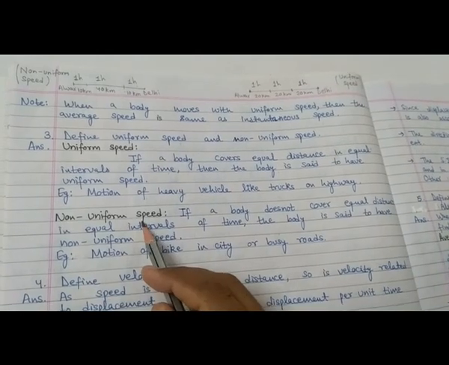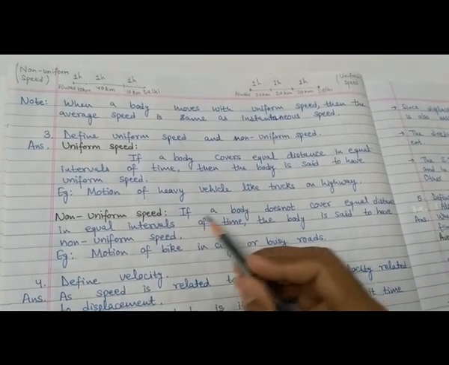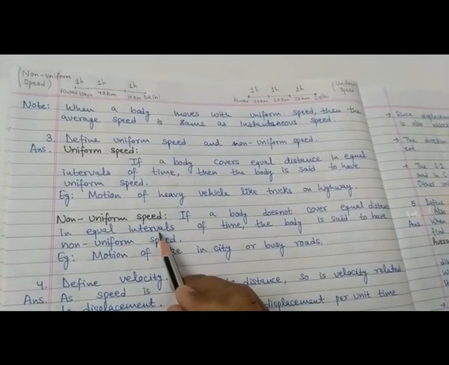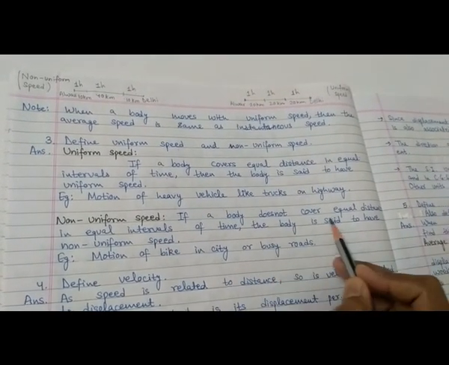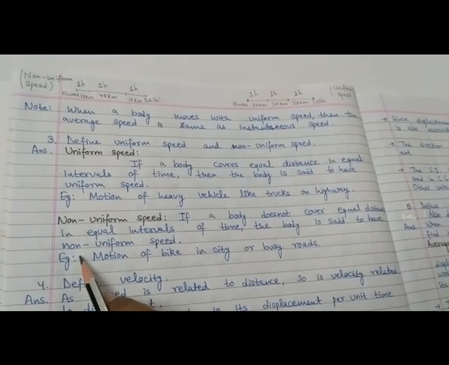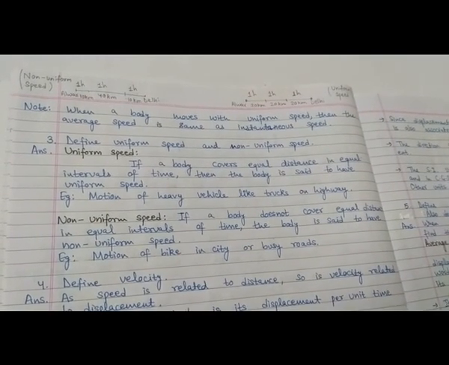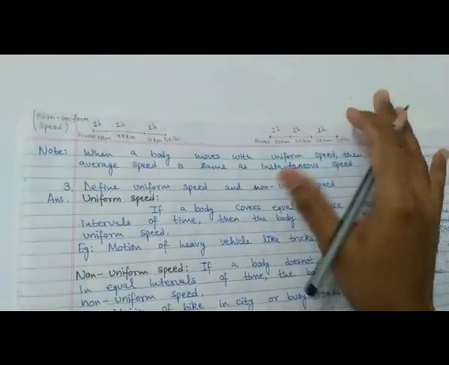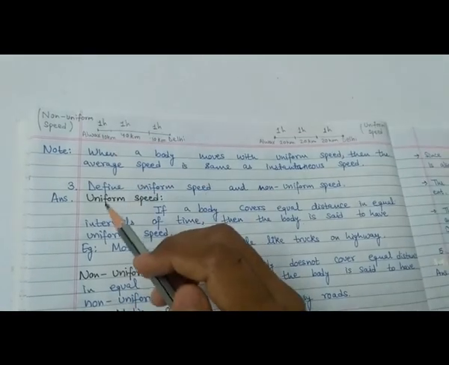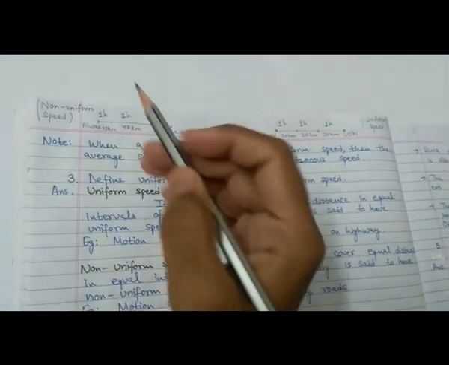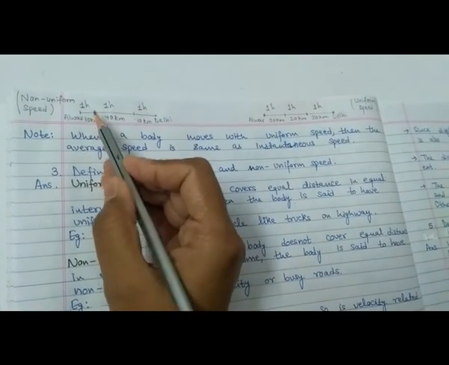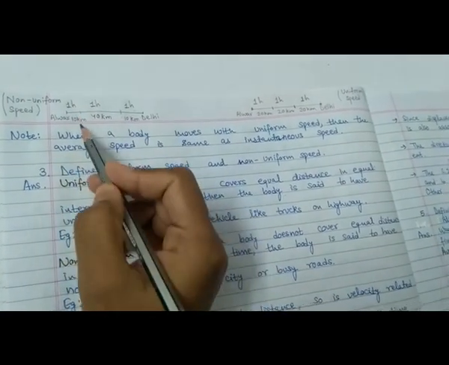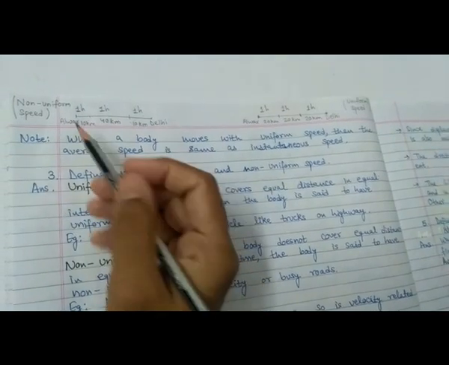Now, what is non-uniform speed? If a body doesn't cover equal distance in equal interval of time, the body is said to have non-uniform speed. Let's take the same example. Here the distance covered in the first hour is 10 kilometer.